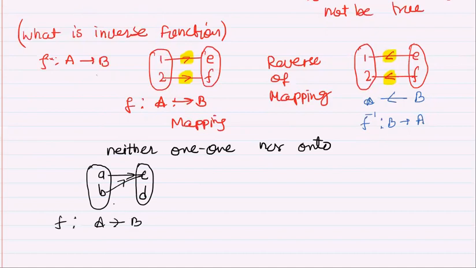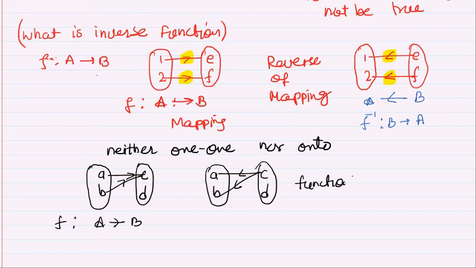Does the reverse of mapping exist? No. If you reverse the mapping, it will go like this and like this, from a to b. So is this a function? This is not a function. So this is not an invertible function. So this implies f from A to B is not invertible.